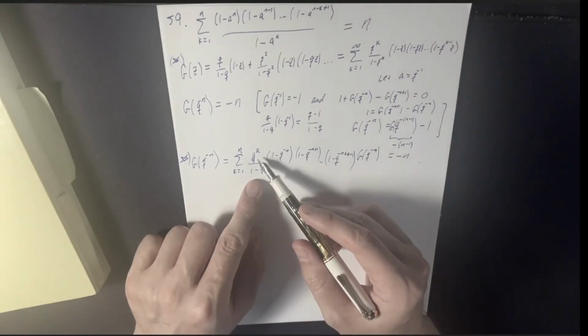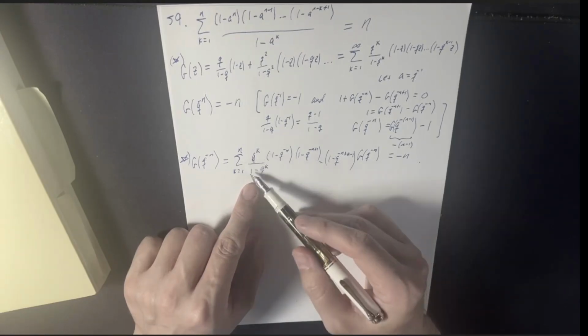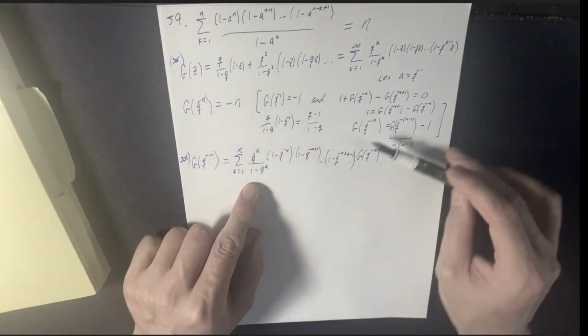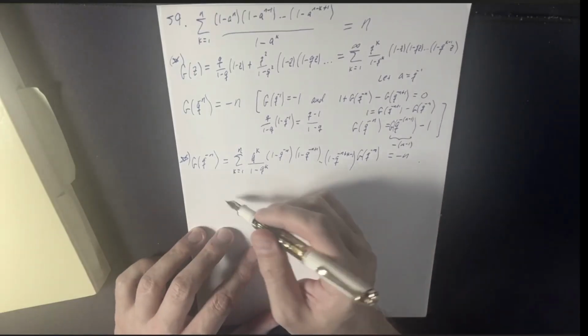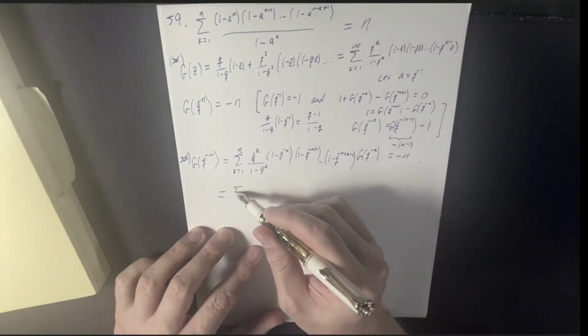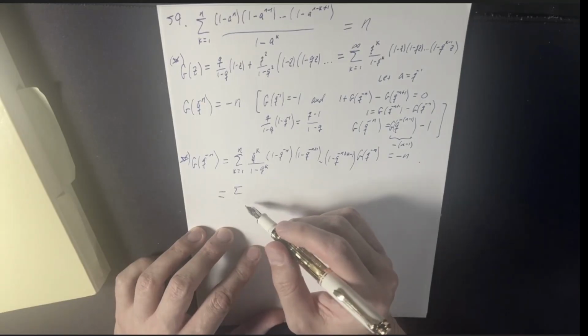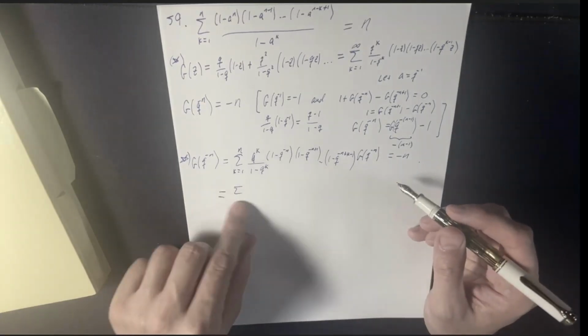Now, you can sort of divide this, like factor q to the k out of the denominator here. In fact, maybe I'll just do that separately.